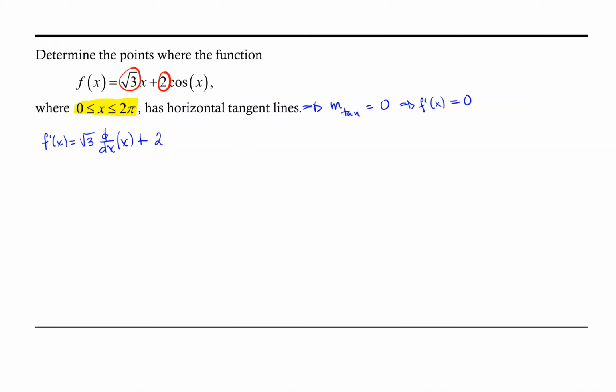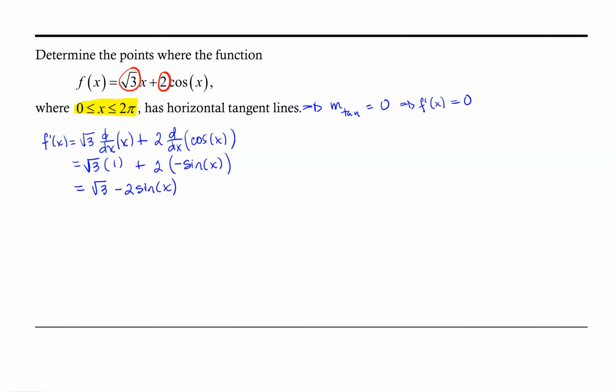So 2 times the derivative of cosine of x. So taking the derivative of x is 1 by the power rule, plus 2 times the derivative of cosine is negative sine of x. So we end up at our derivative being square root of 3 minus 2 sine of x.